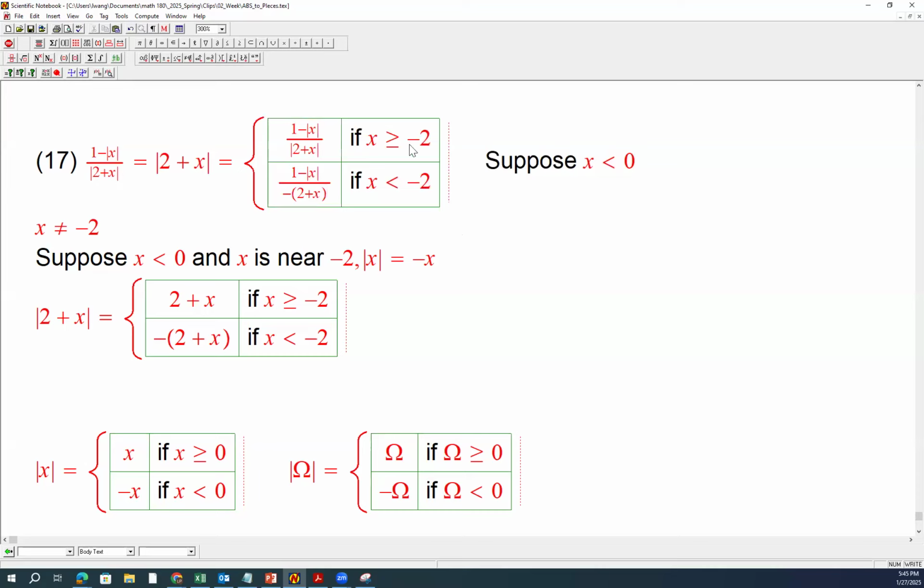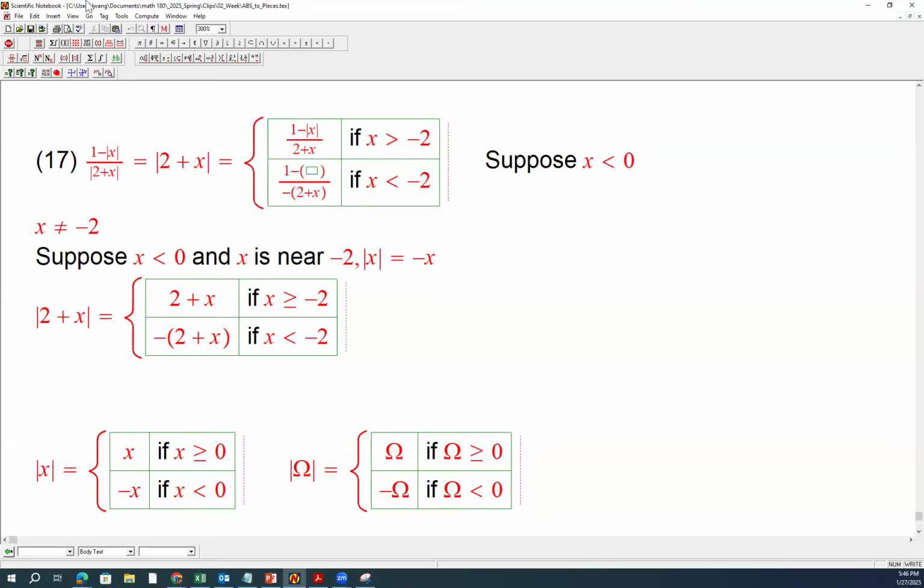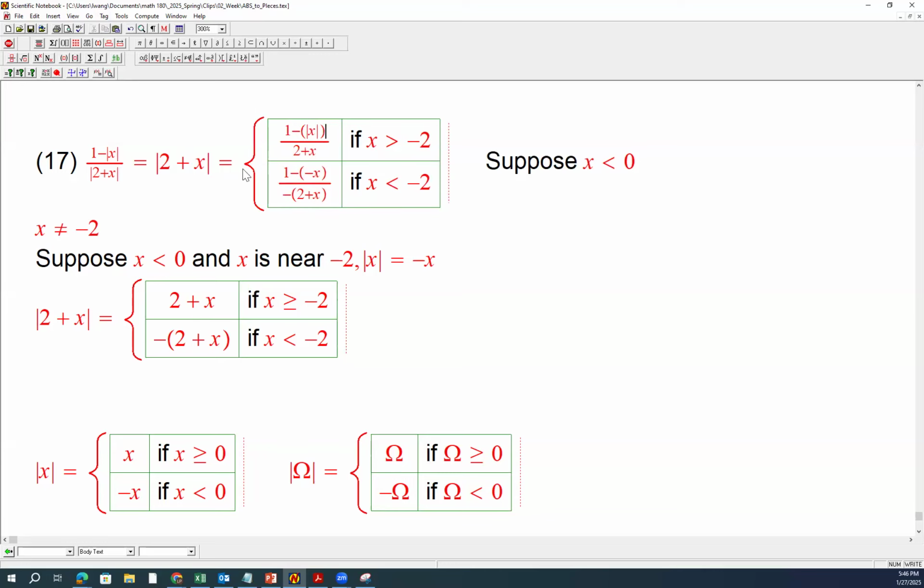And when x is greater than, this time we have to remove the equal because of the domain concern. So this absolute value will be the same. And because of the assumption that x is negative, the absolute value of x will be replaced by negative x.